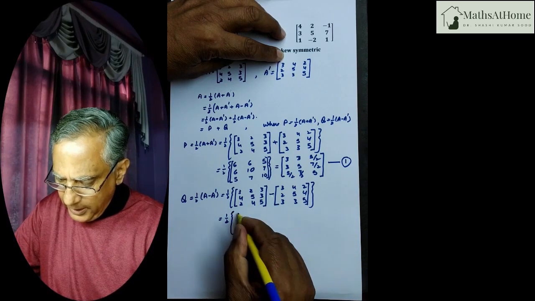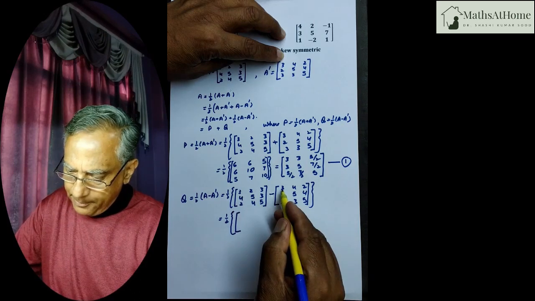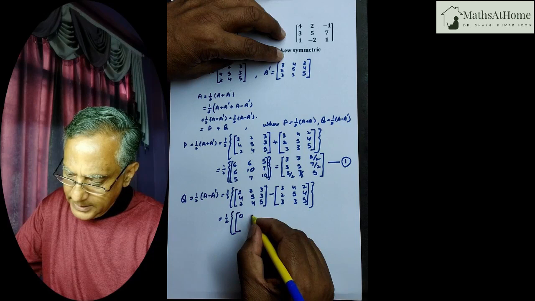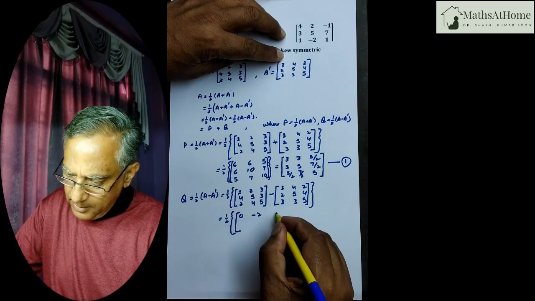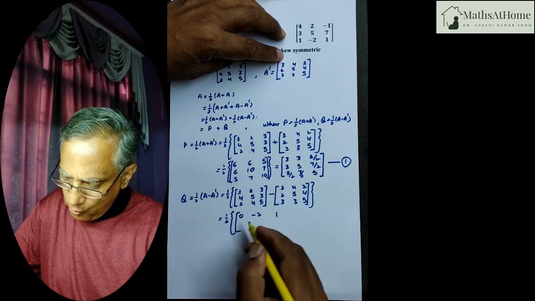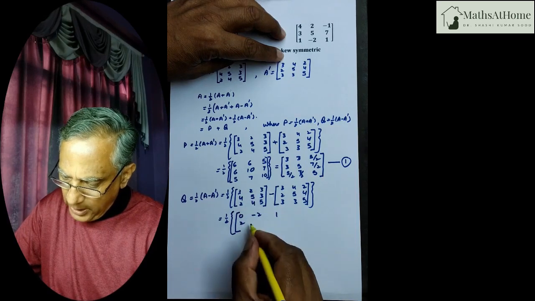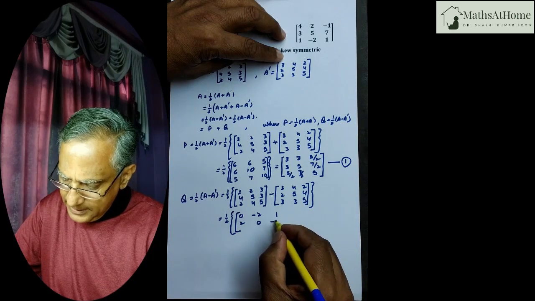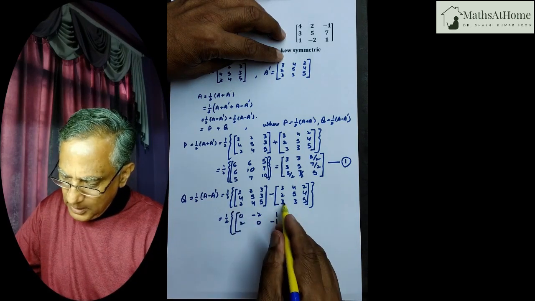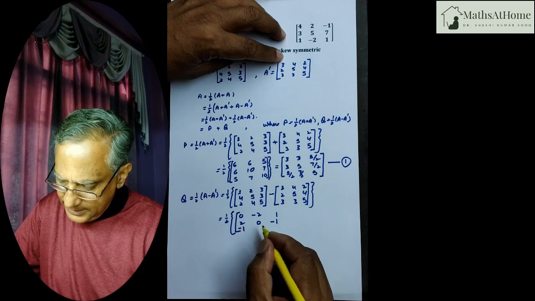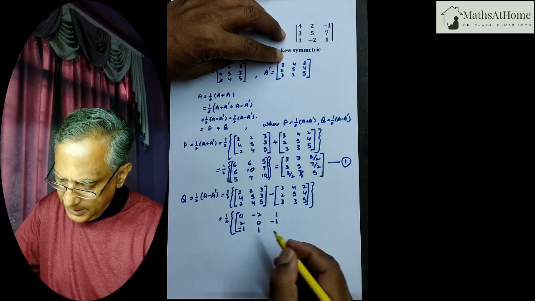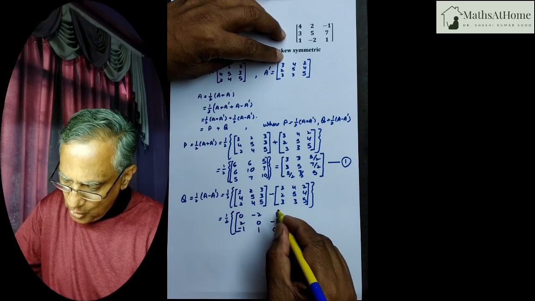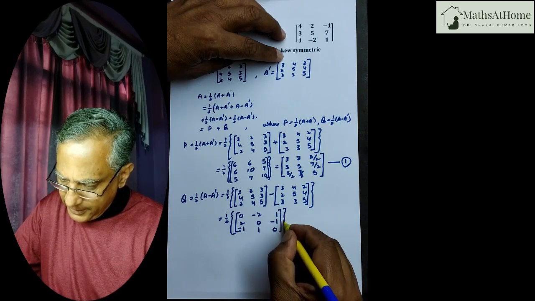Now what we do is we subtract the corresponding entries. 3 minus 3 is 0, 2 minus 4 is minus 2, 3 minus 2 is 1, 4 minus 2 is 2, 5 minus 5 is 0, and 3 minus 4 is minus 1. 2 minus 3 is minus 1. 4 minus 3 is 1. 5 minus 5 is 0. So we get this matrix.